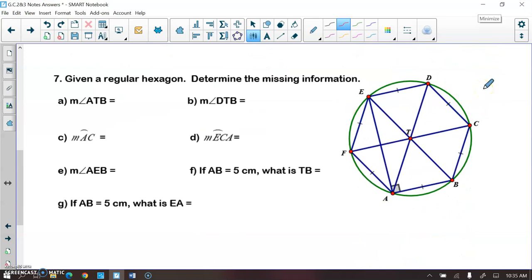All right, so for this one, we have a regular hexagon. If we know that we're dealing with a regular hexagon, hexagon means 6 sides, then we can find the angles within our hexagon.